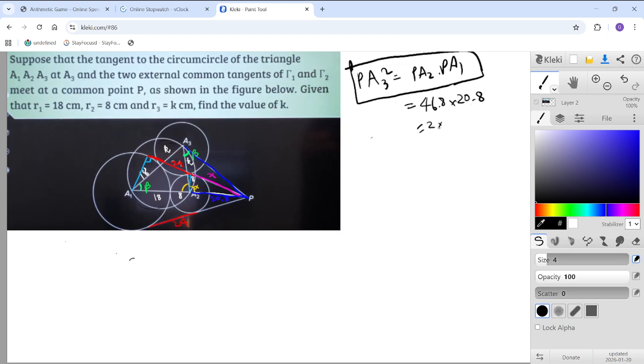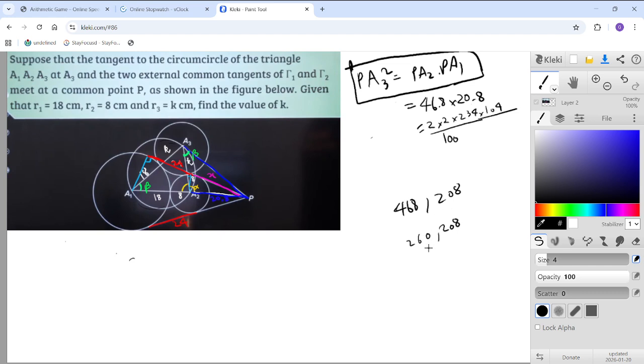Two minutes, I think I did something wrong. 468 and 208, you can subtract them for the HCF. 468 minus 208 is 260, so we need the HCF of 260 and 208.